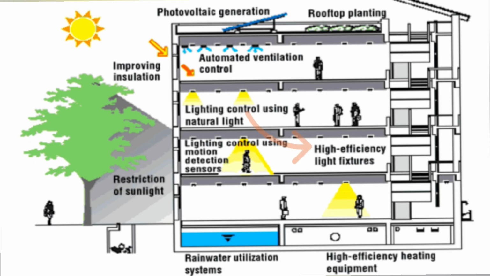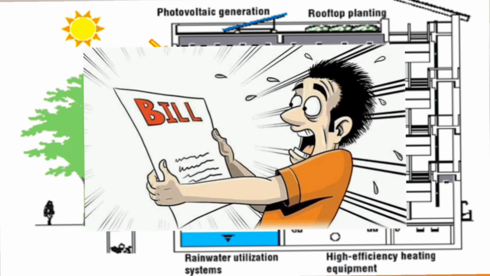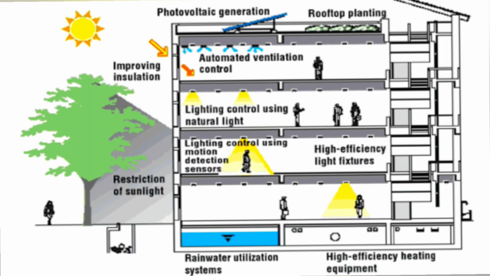Next is high efficiency light fixtures. You are installing light bulbs inside your homes, but what if they are consuming a large amount of energy? You might have seen that many people complain that their electricity bills are coming this high. It might be possible that the bulbs you are using are incandescent bulbs, rather than bulbs which consume less energy to produce the same amount of lumens.